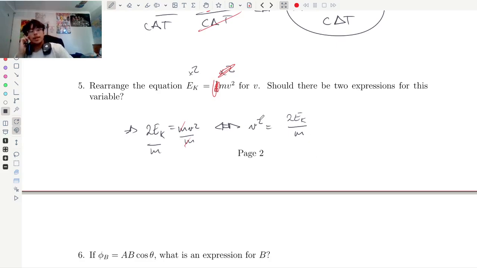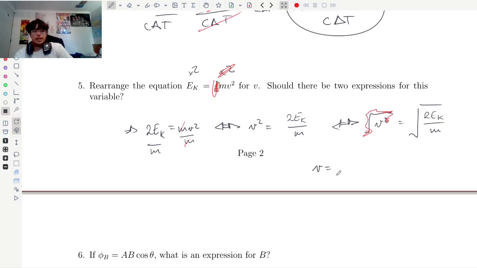And now, because we have a power of 2, we need to take the square root on both sides. So b is equal to the square root of this whole thing over m. Now, should there be two expressions for this variable?